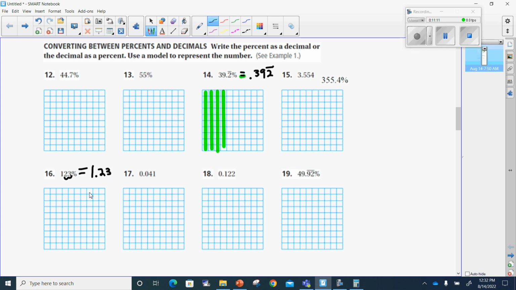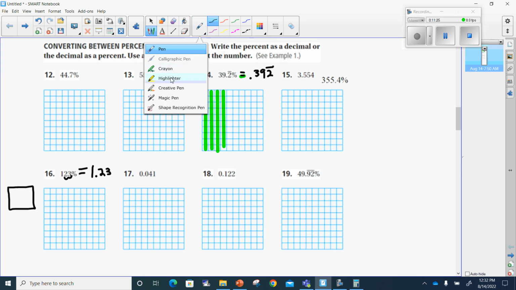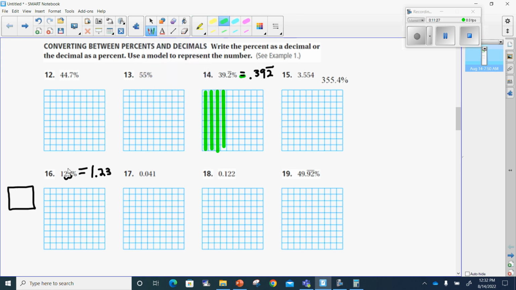Now, you might be thinking, well, how do I put 1 here when all of this would be 1? Well, what I would do is make another box here. Make this your 1, and I would go ahead and shade that entire thing in, indicating I knew that that was 1.